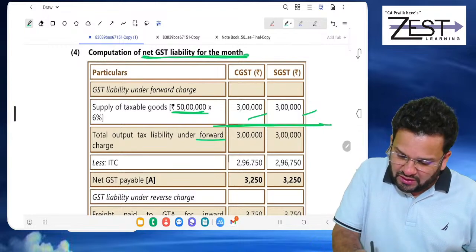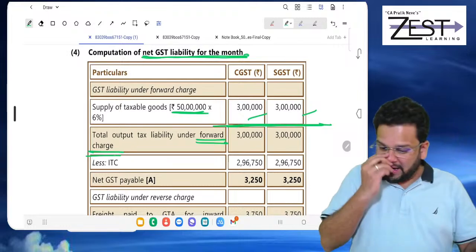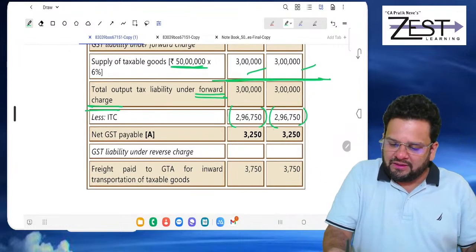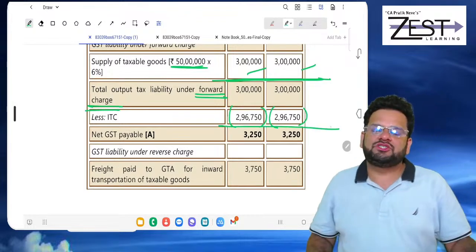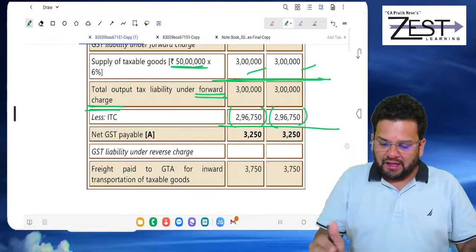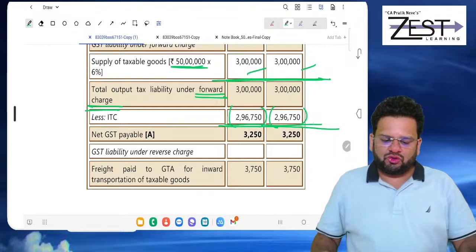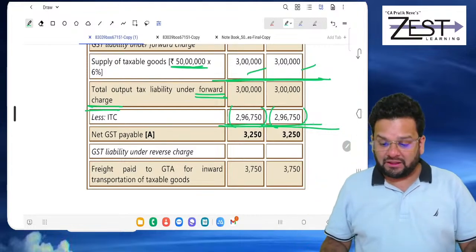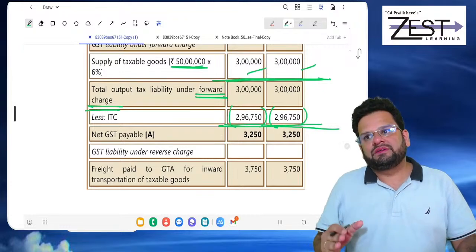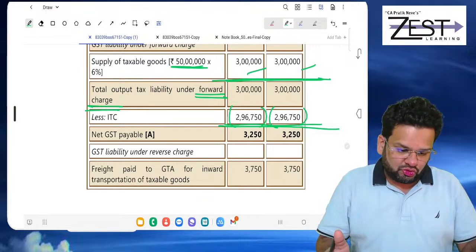Of course, total output tax under FCM minus the ITC of 296,750 which we have decided, you will get net GST payable of 3,250. Are you getting net GST payable of 3,250?